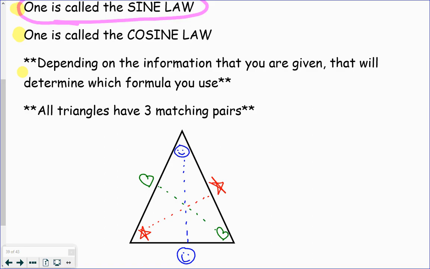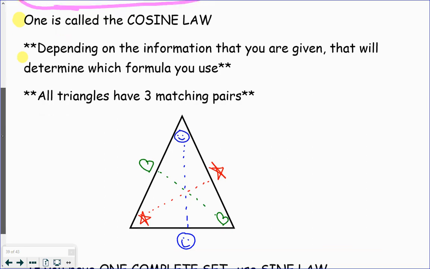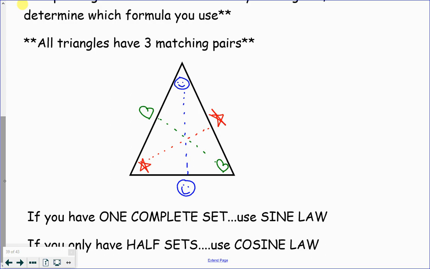Depending on what you're given, that will determine what formula you're going to use. For sine law, you have to have one complete set. In order to use this new rule, you have to have one complete pairing. So you have to have both the happy face corner and the happy face side.